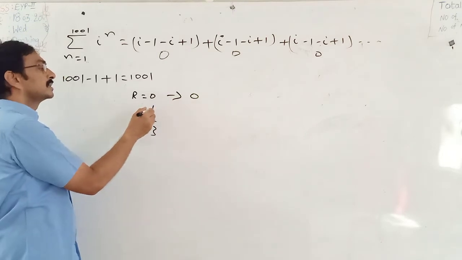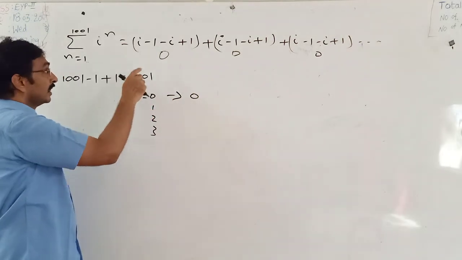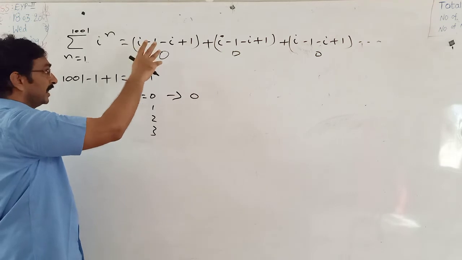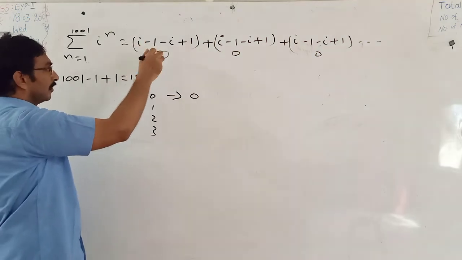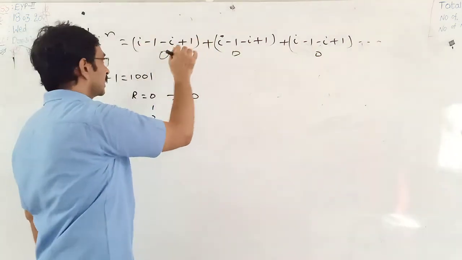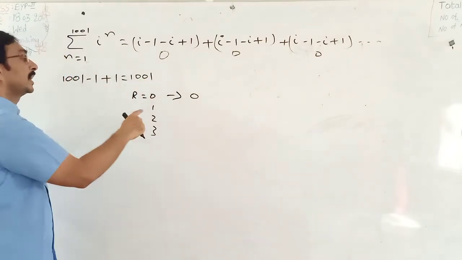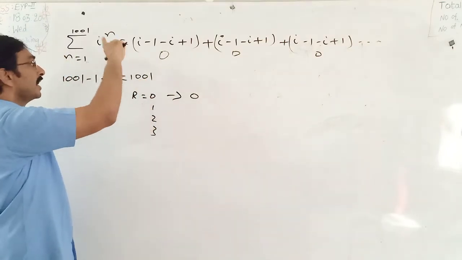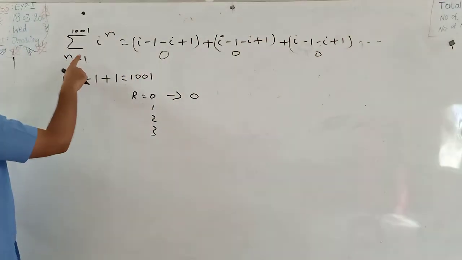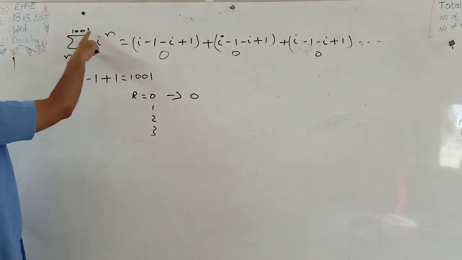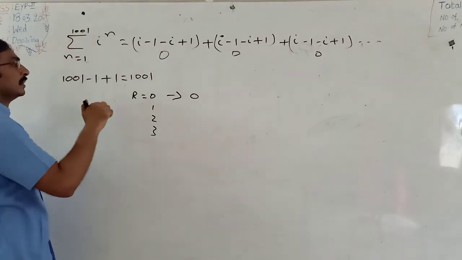Suppose the remainder is 1, which means there exists one remaining term. By cancellation, only one term remains, either the first term or the last term.